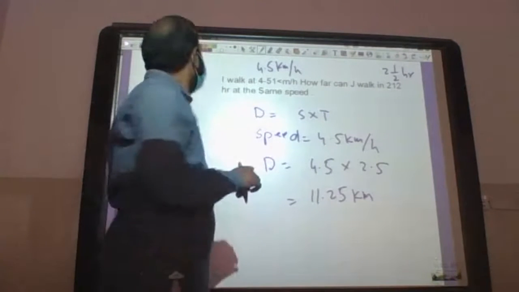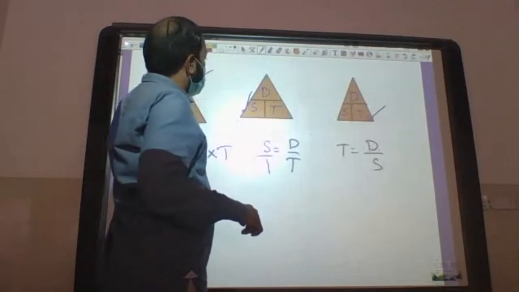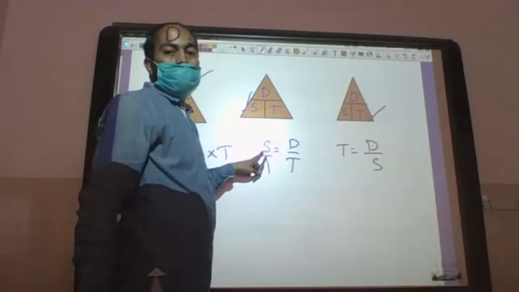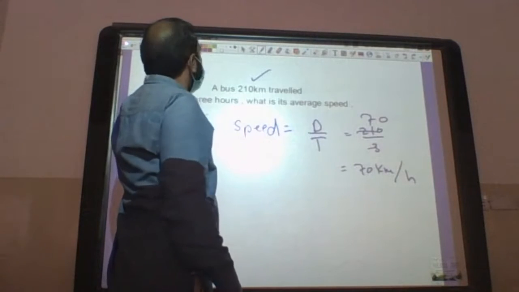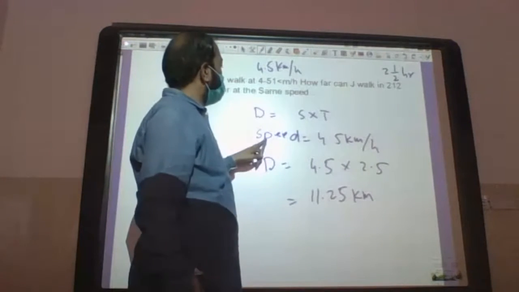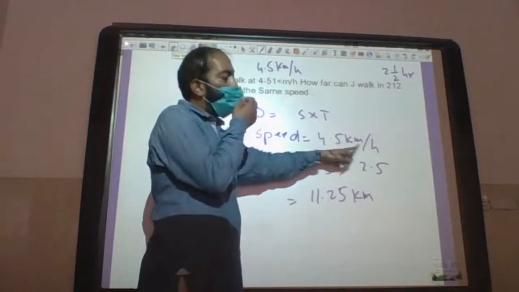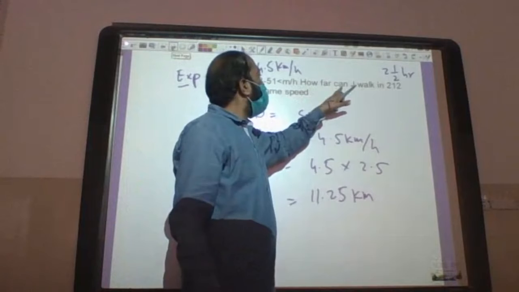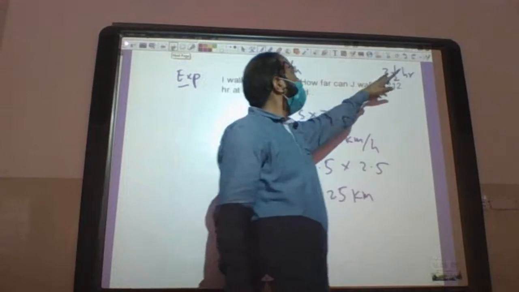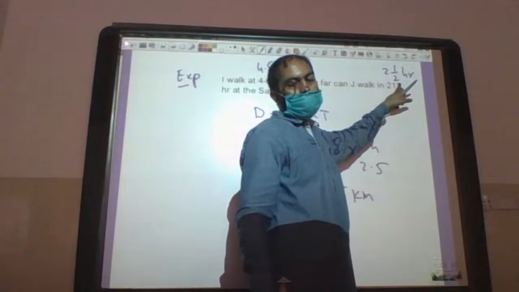Distance over time gives you the speed, and that speed is given. Speed is equal to 4.5 kilometers per hour. How far can I walk in 2.5 hours?